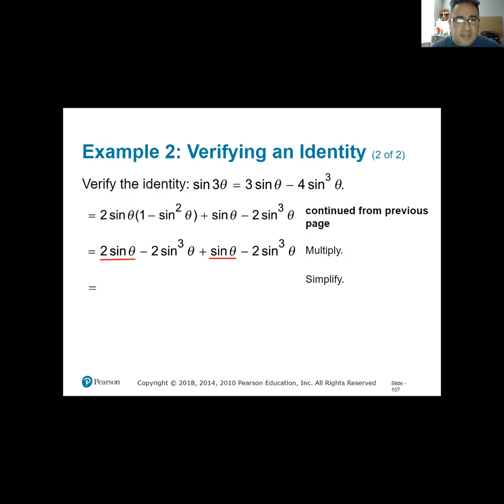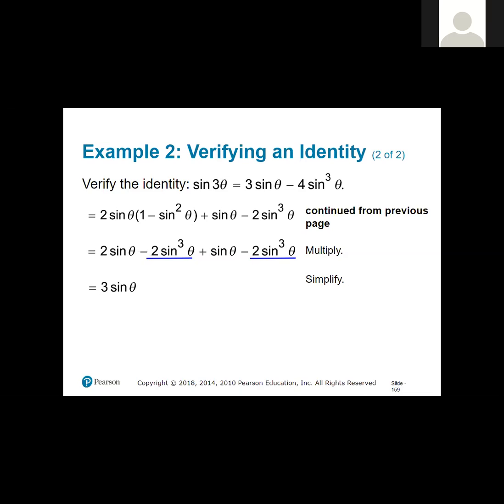And now I have to combine my like terms, right? So these are my like terms. I've got 2 sine theta plus another sine theta is going to give me three sine theta, right? And then these two, minus 2 sine cubed theta minus 2 sine cubed theta, is going to give me minus 4 sine cubed theta.